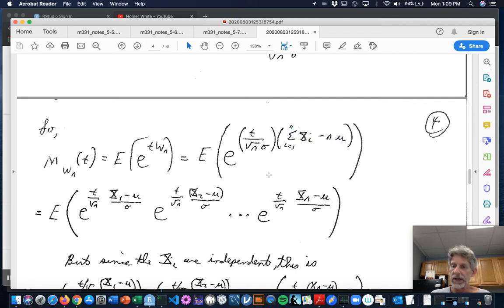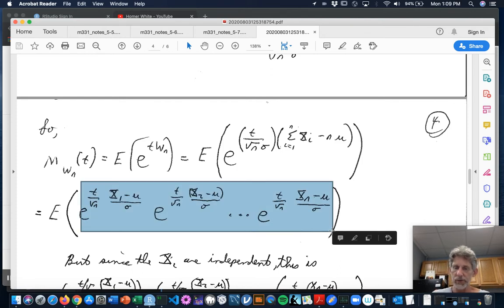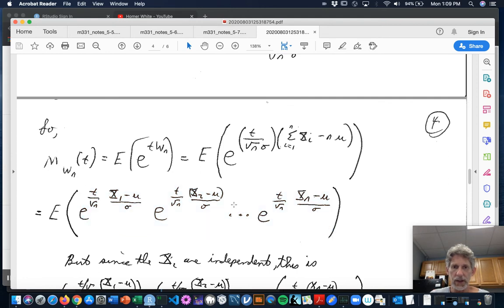And so I would have e to a sum. And by a property of exponentials, that's the product of e to the summands. And so if you stare at those different summands, you'll see that they would add up to this very sum that you see here. So the move from here to here is just a property of exponentials.